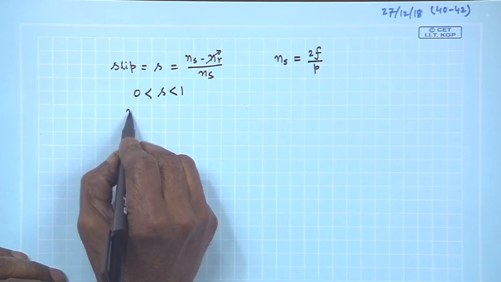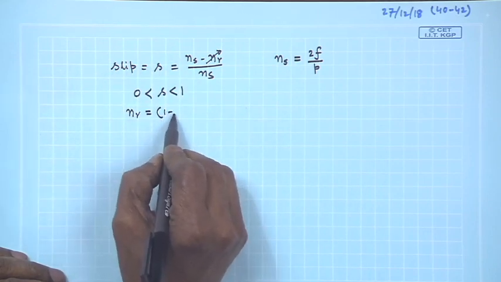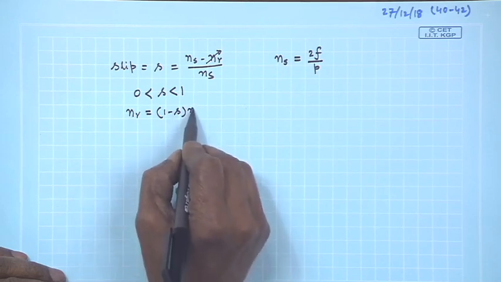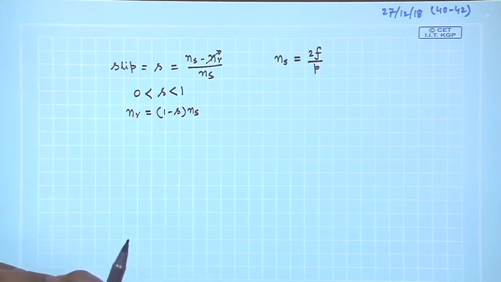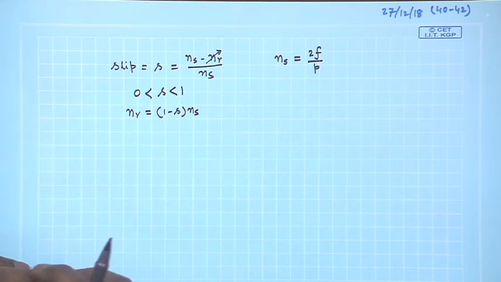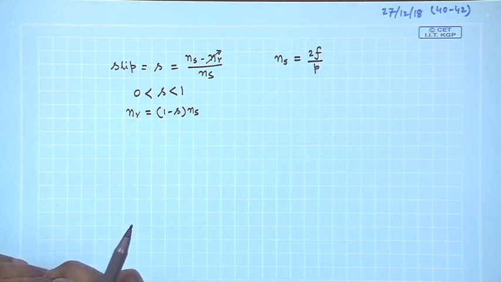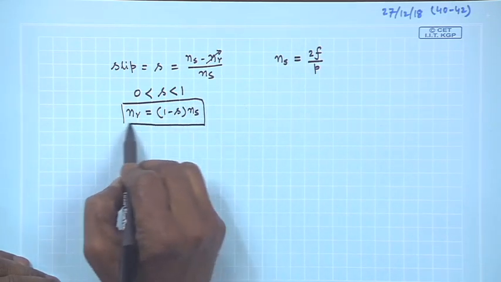And also the same expression is very useful to write in this way. Ns is constant. So, instead of telling speed directly, people would love to tell the slip of the induction motor at which it is operating. From that, of course, I can work out what is the value of speed. So, this is another thing.